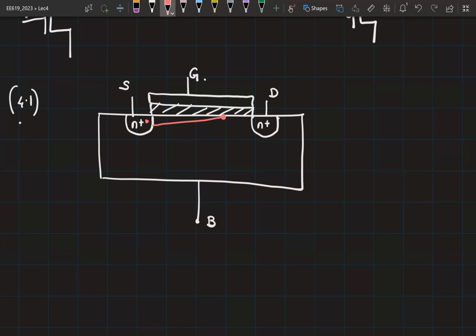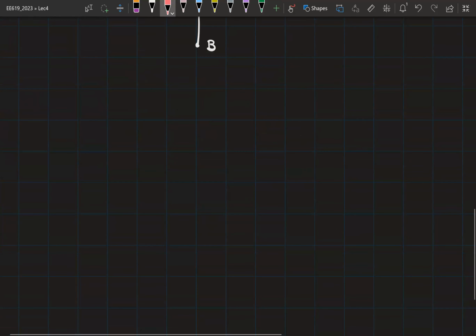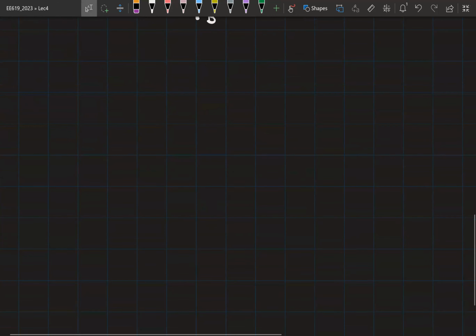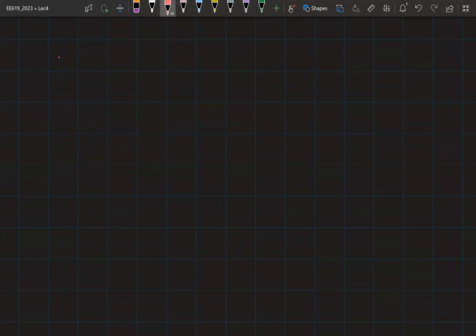All right. So with that, we come to today's portion, which is basically to learn about the different capacitances associated with a MOS transistor. Again, as before, we will start with a MOS capacitor. So this is a two-terminal device.